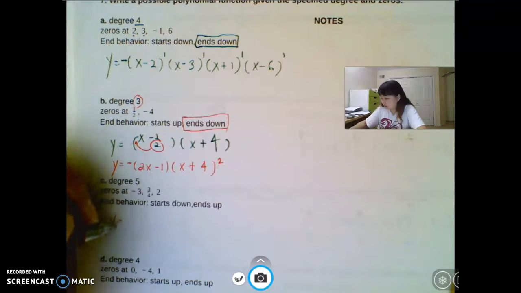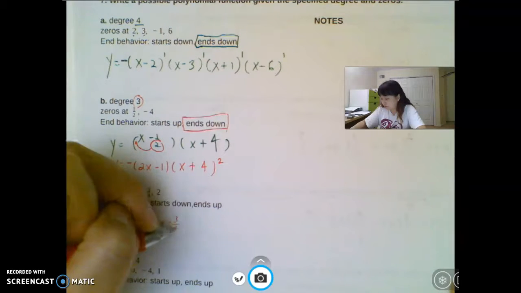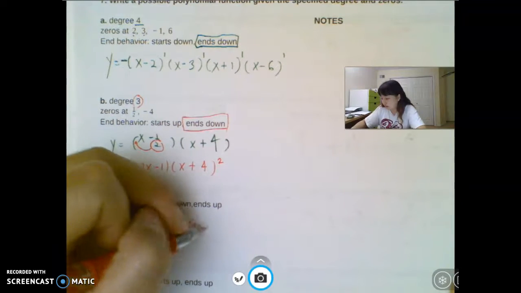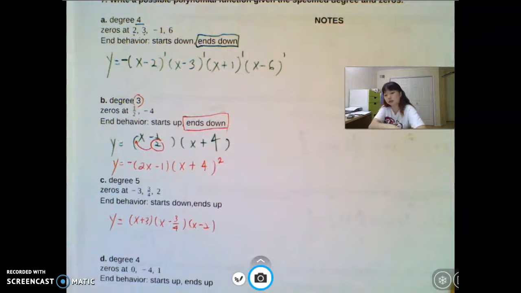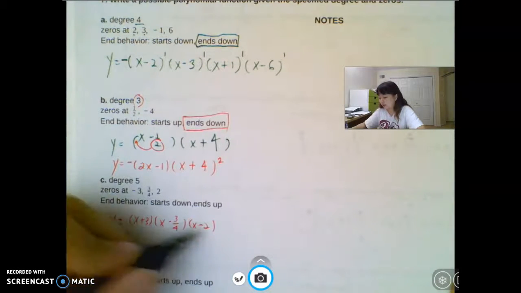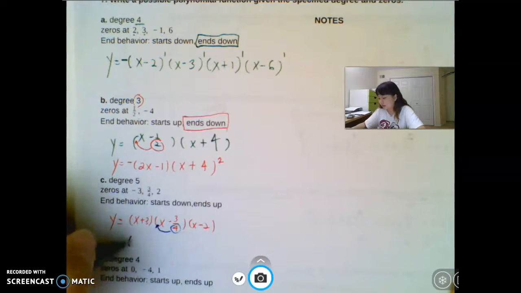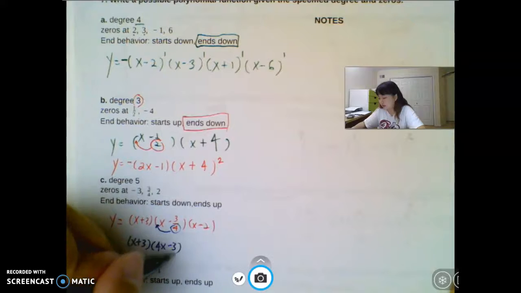Alright, one more. Zeros at positive 3, negative 3 over 4, and negative 2. So first, we need to make sure that zeros have the opposite factors, opposite signs. If you have a denominator, you bring it in front of the x as a coefficient.